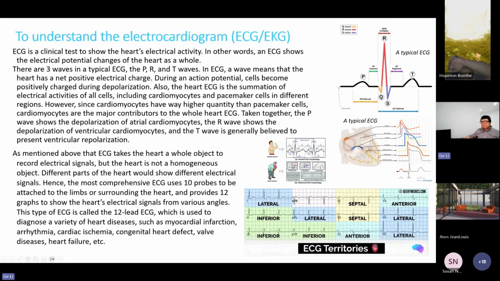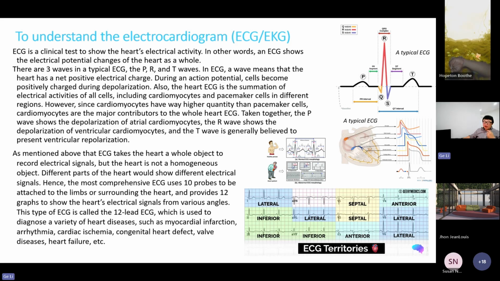And T wave, according to the textbook, honestly, I've studied for years. I never figured out why it happened. According to the textbook, it said that T wave is the depolarization. No, T wave is the repolarization of the ventricle.